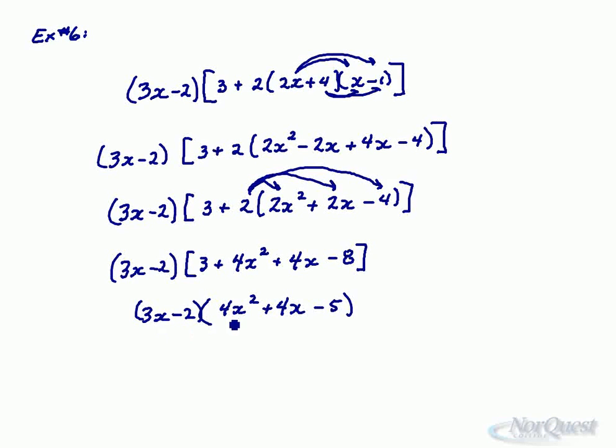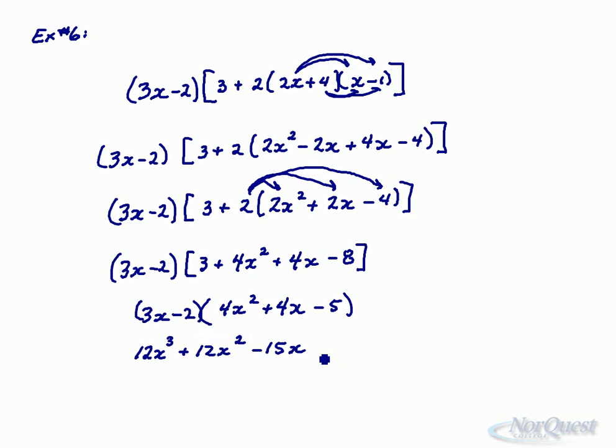So 3x times 4x squared will give us 12x cubed. 3x times 4x to give us 12x squared. 3x times negative 5 will give us negative 15x. Now take the negative 2 and distribute.